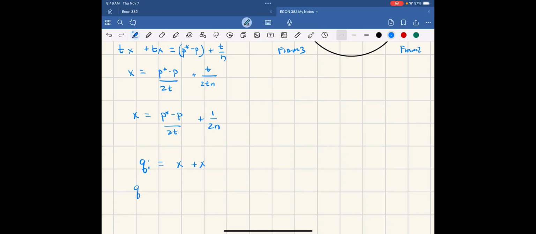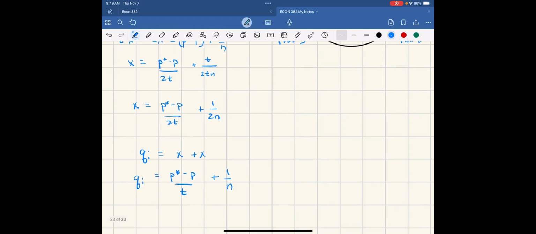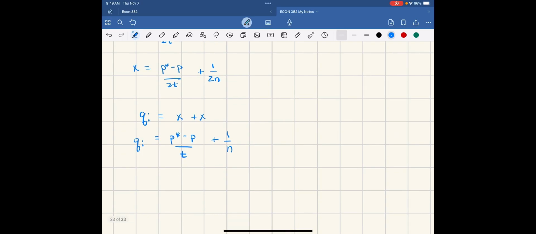So the quantity demanded of good 1 is equal to 2x, which is P star minus P over T plus 1 over n.